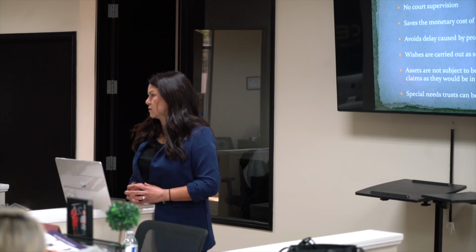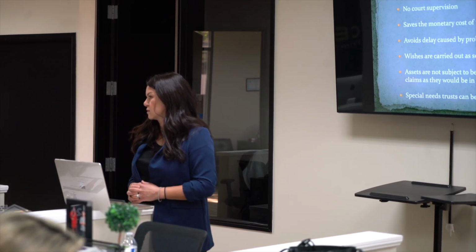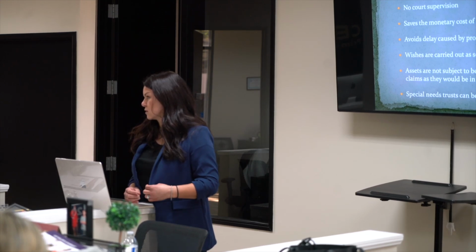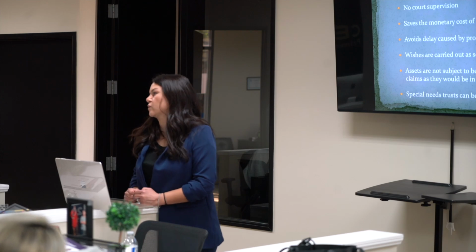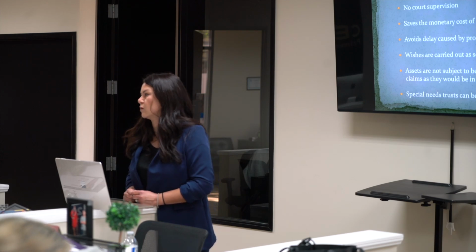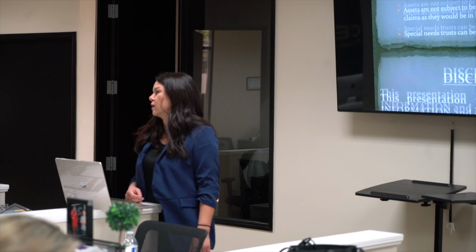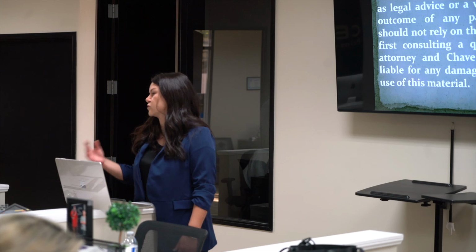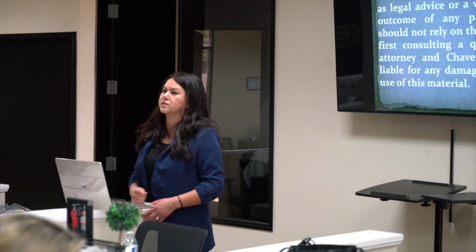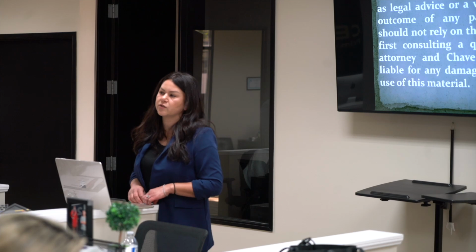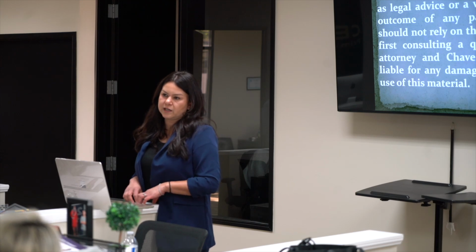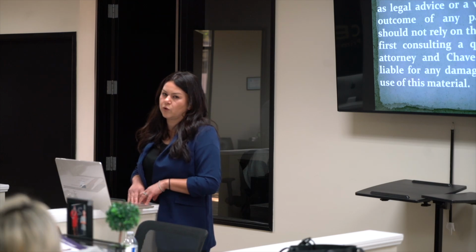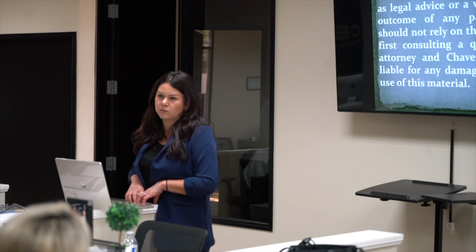For anybody that wants to build a living trust, what paperwork or documents would you need them to give you? A list of the assets. So I go over all the assets and what I recommend, whether you're going to put beneficiaries on those assets or whether you want to transfer them to the trust. For example, retirement accounts, I never recommend transferring to the trust, because when you're named as a beneficiary, you can roll it over and you avoid the taxes you have to pay when you pull the money out.